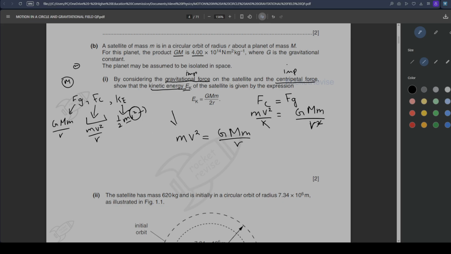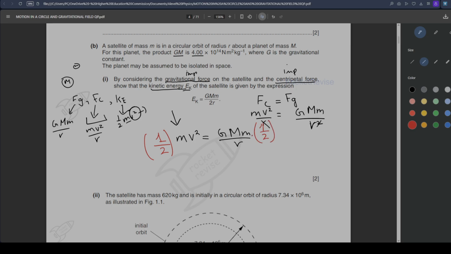This is like 90% of the kinetic energy formula. The only thing we are missing is 1 by 2. ठीक है. So if we introduce 1 by 2 on the left hand side, we're going to have to introduce 1 by 2 on the right hand side as well.